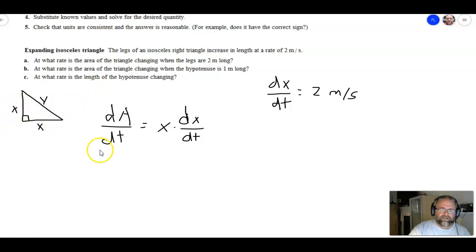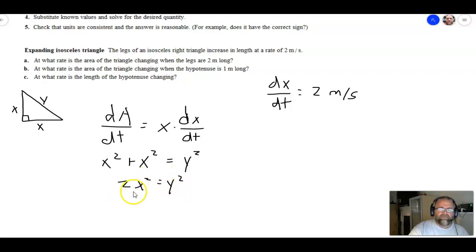Well, this is a right triangle, so I know that the two legs squared are equal to the hypotenuse squared, right? Pythagorean theorem. So this is 2x squared is equal to y squared.